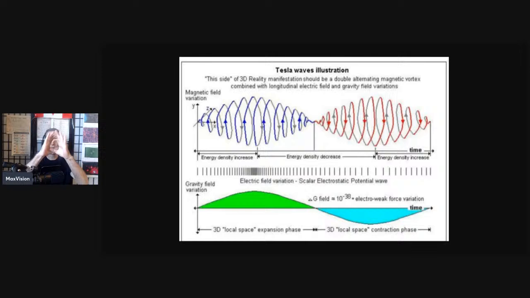So imagine it as something growing bigger, positively, growing smaller, then becoming negative, growing, and then becoming smaller, becoming positive again. So looking at that head on, it would be like a blue light growing and decreasing, then a red light growing and decreasing. And it wouldn't be moving. The gravitational field would follow the same pattern.